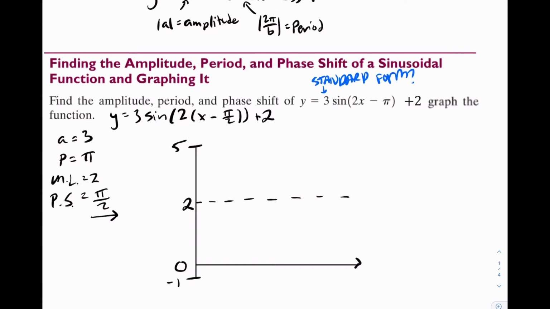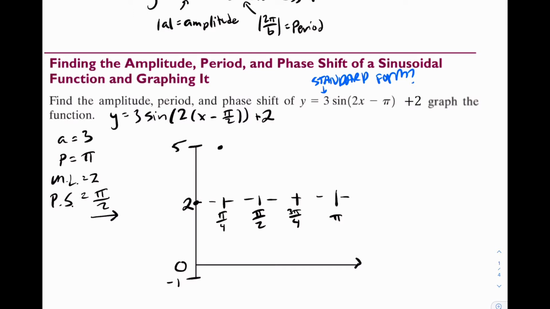Now let's scale it. 1, 2, 3, 4. And let's label. So we know this is pi, pi over 2, pi over 4, and 3 pi over 4. As with any graph, let's not worry about the phase shift right now. Let's just say there were no phase shift. The graph would look something like this.